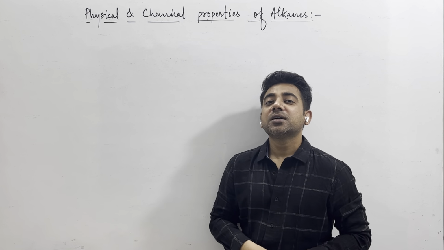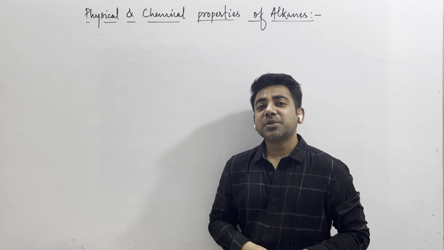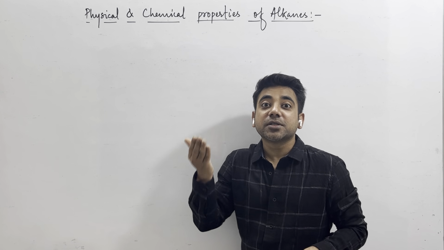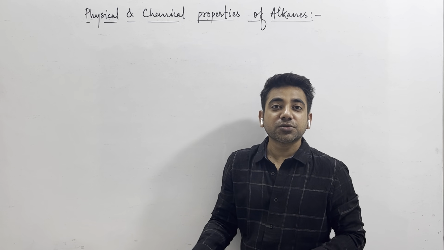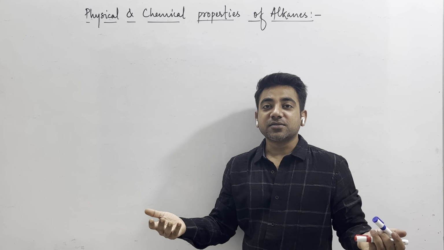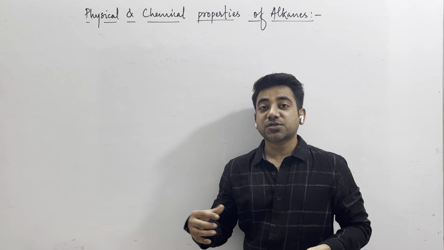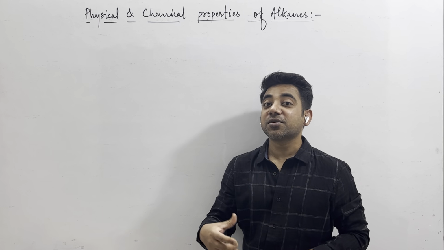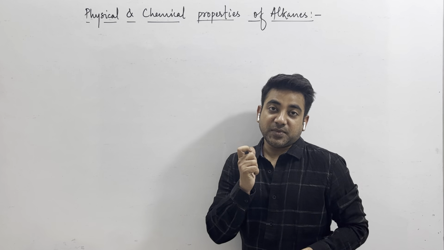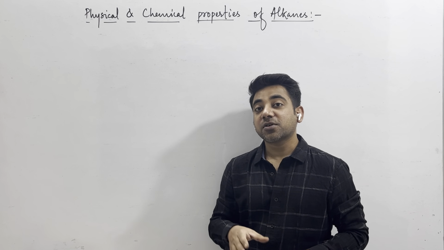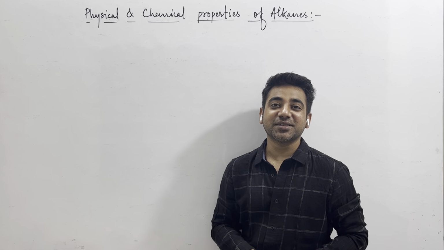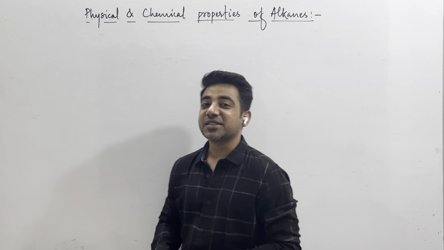So I recommend, there are lots of question banks available in the market, and these days many of the question banks are available on Telegram also, so you can go for a question bank and find such questions where alkanes, alkenes or alkynes, all together, are asked to be arranged in increasing or decreasing order. Do practice them. This will give you more and more clarity on the concept while solving such questions, and definitely you will be able to crack such questions in the examination. So now let's start with the chemical properties.